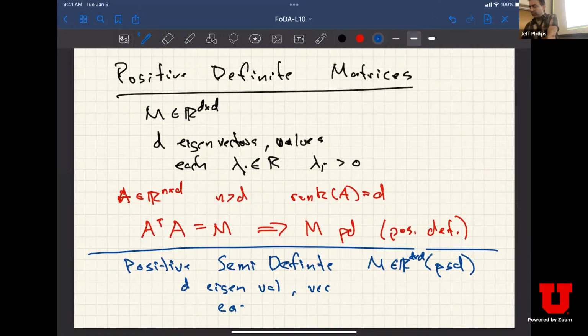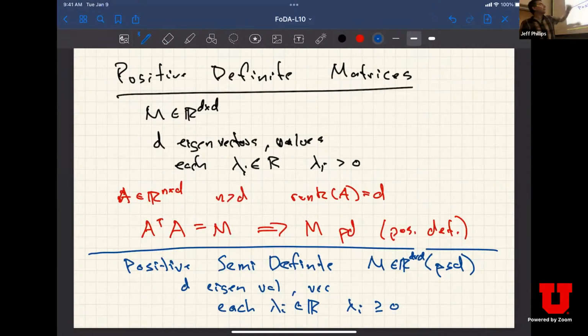Each of these eigenvalues is going to be real, and each value is greater than or possibly equal to 0. Okay, so if some of them are exactly 0, then it's positive semi-definite. This is a pretty nice situation.